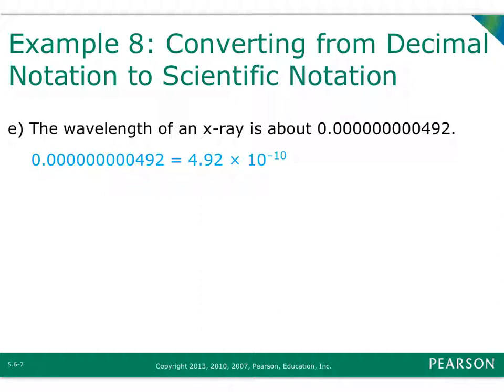So again, what we do is we move the point over all the way until we get it to the 4, and we count how many places we moved. 1, 2, 3, 4, 5, 6, 7, 8, 9, 10 places, but we moved to the right, so it's negative. So we have 10 to the negative 10, but our number is 4.92.